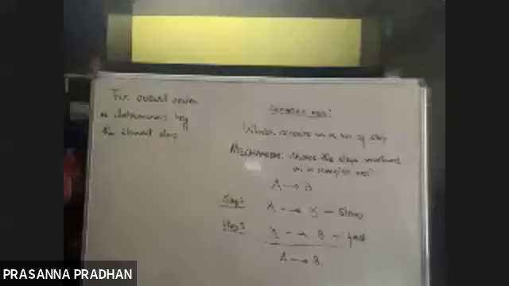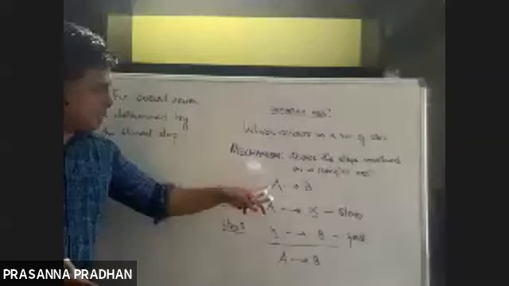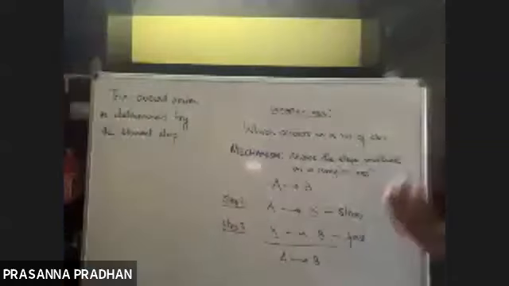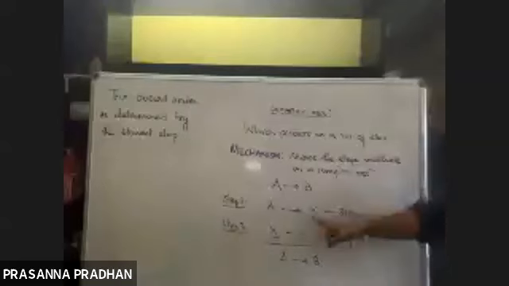Fine. So for this reaction, how do I write down the rate expression? The rate expression depends upon the rate of the slowest step. Remember, very important, the rate of the overall reaction for a complex reaction depends upon the rate of the slowest step. Step 1 is the slowest step.